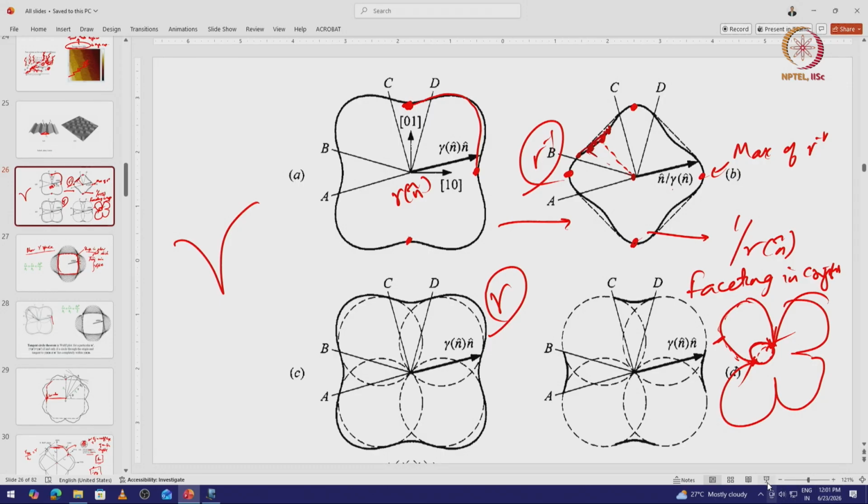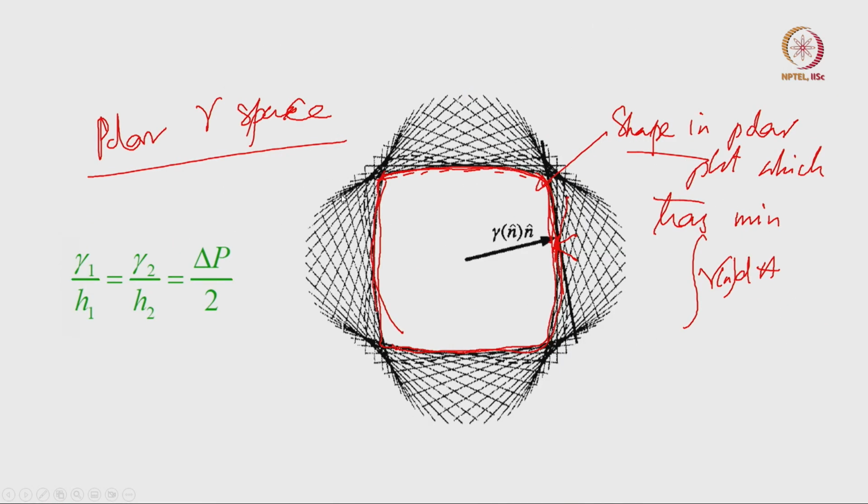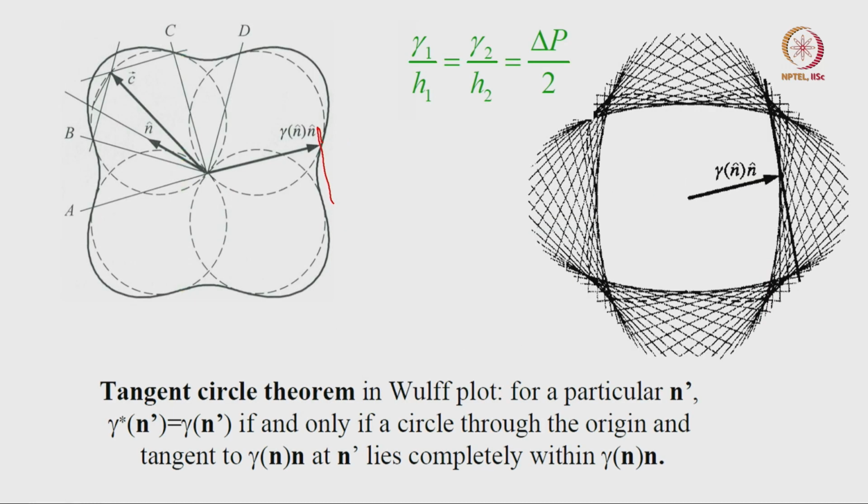So I actually take the gamma, gamma n of n, and wherever I am, I am going to draw the normals.